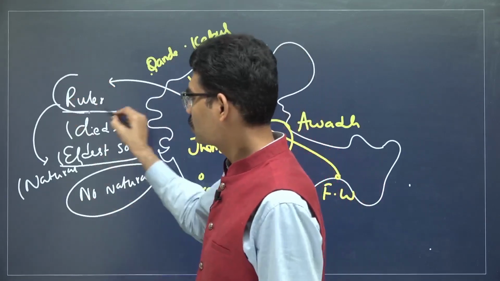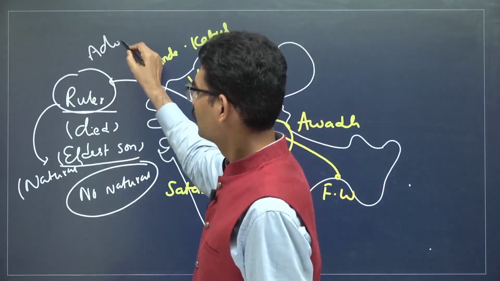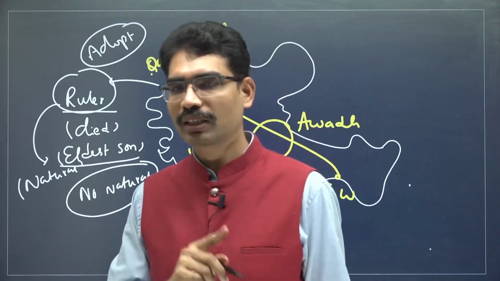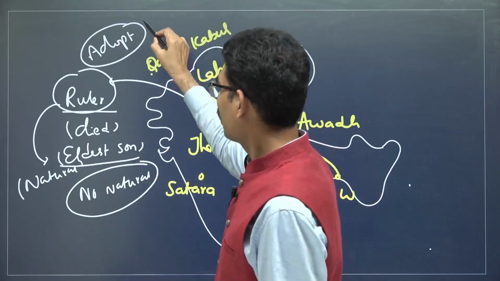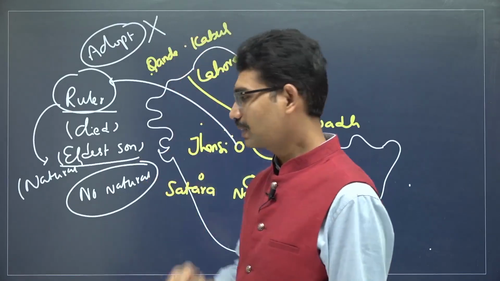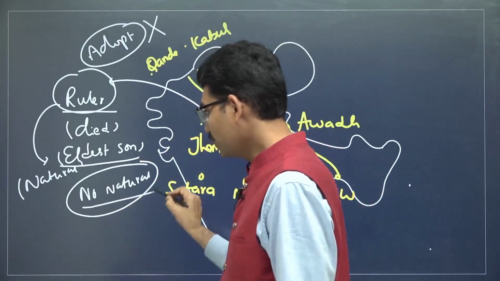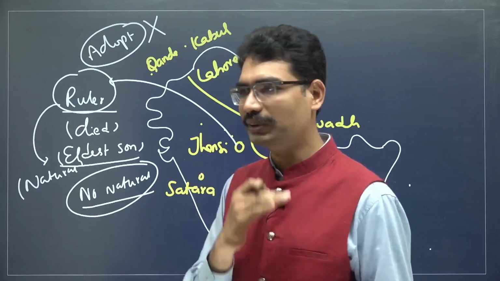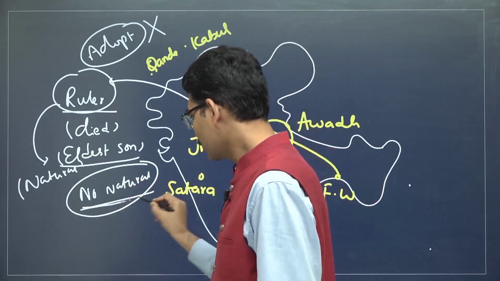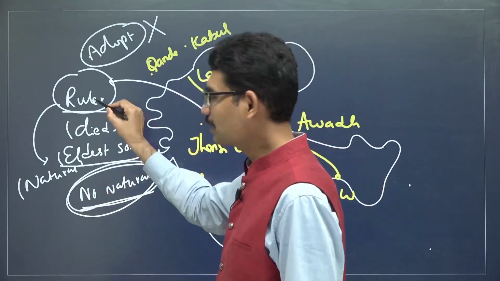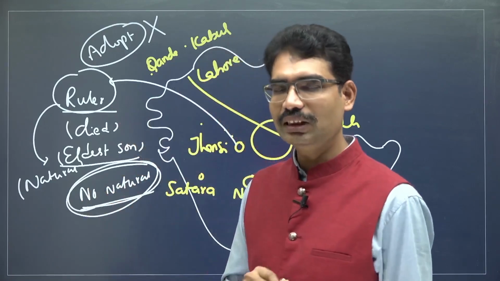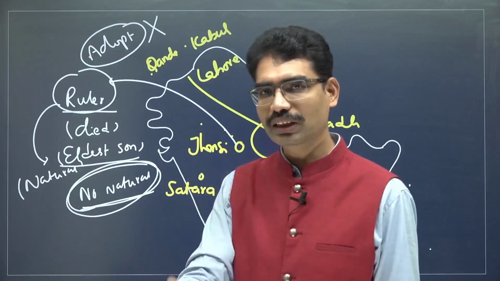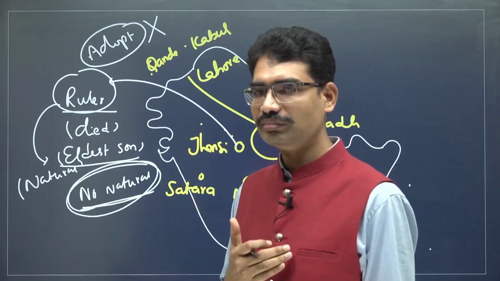Sometimes these rulers used to adopt sons so that after their death they would succeed. But the British said this adoption we are not going to accept. Only if natural sons, natural heirs are there, we are going to accept this. If there is no natural son, then we are not going to accept this succession. That means we are not considering you an independent kingdom. Your kingdom belongs to the British.